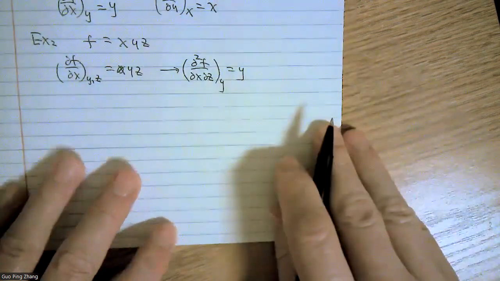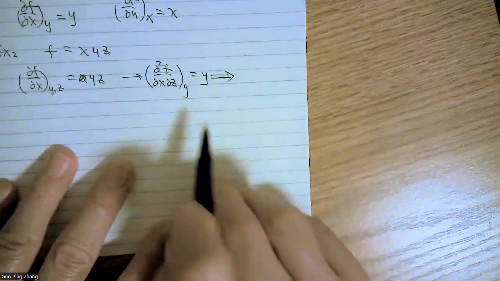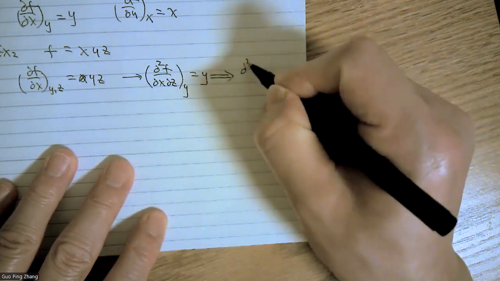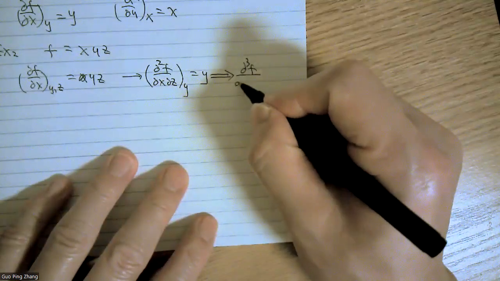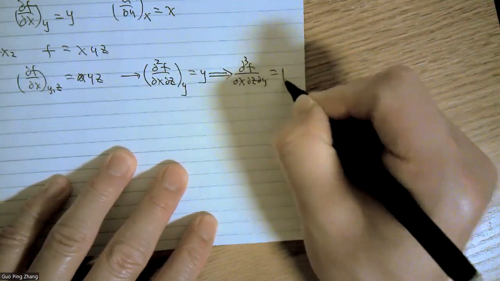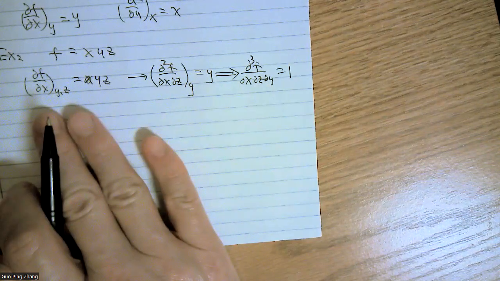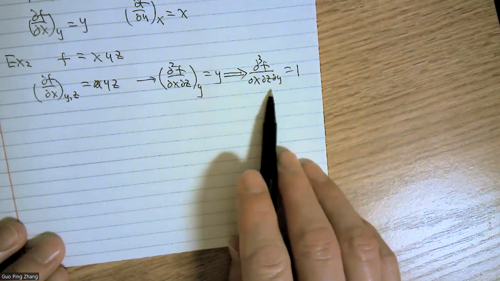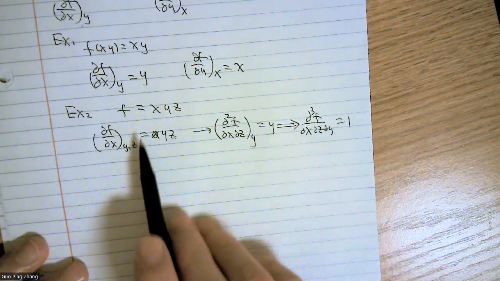I can take a triple derivative, which means I also take the derivative with respect to y. So this will be the triple partial of f with respect to x, z, y, and it just equals 1. You can see things pile up if we continue taking derivatives with respect to each variable. For the moment, the example is relatively straightforward.